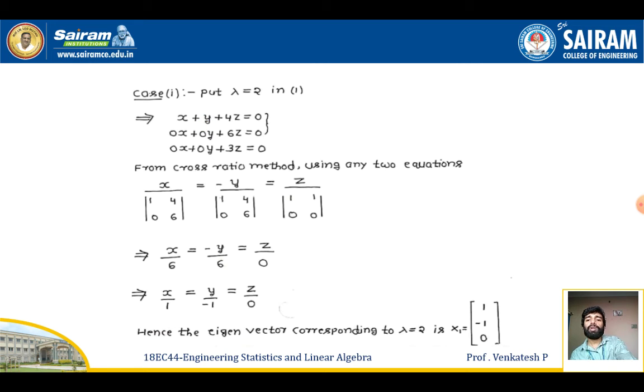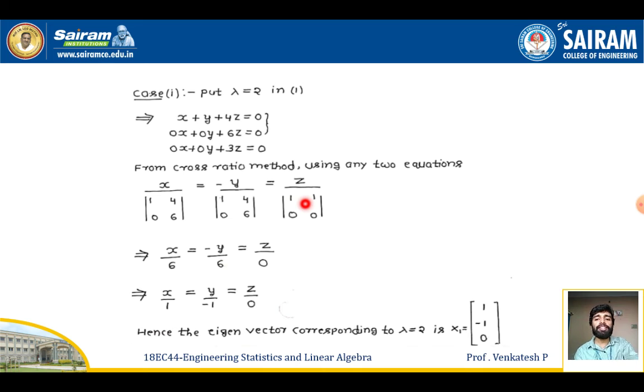For x, skip the complete x column and take the minor of the remaining elements, that is 1 4, 0 6. Next, always start with a minus for y. Skip the y column and take the remaining elements, that is 1 4, 0 6. Next is z. For z, skip the z column and take the elements of x and y, that is 1 1, 0 0.